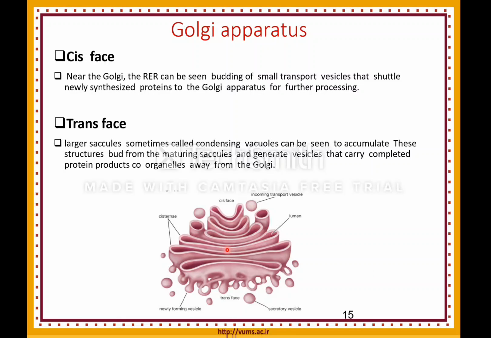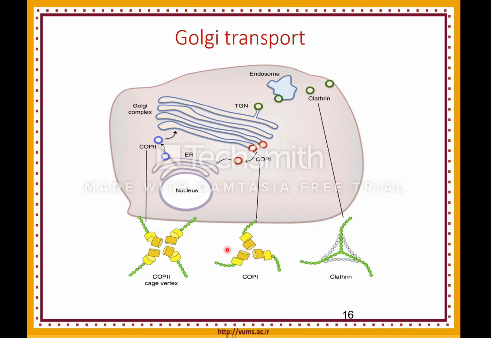the post-translational modification. The transfer of vesicles between the Golgi and ER, or also the cell membrane or other parts of the cell, involves two types of proteins named coated protein type 1 and coated protein type 2.